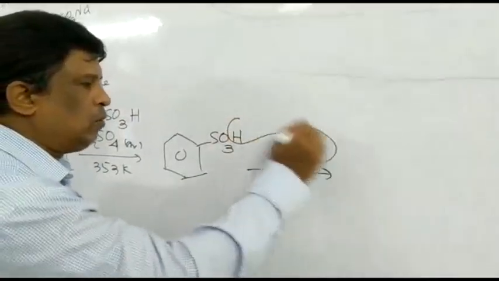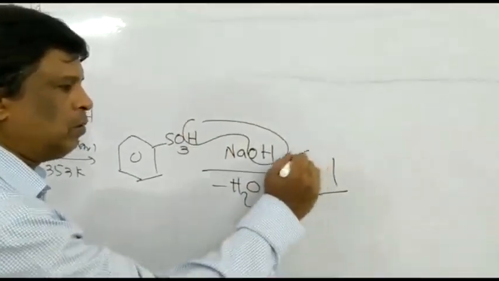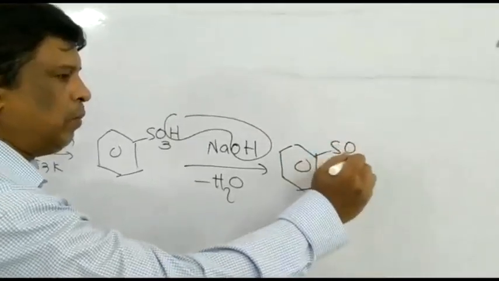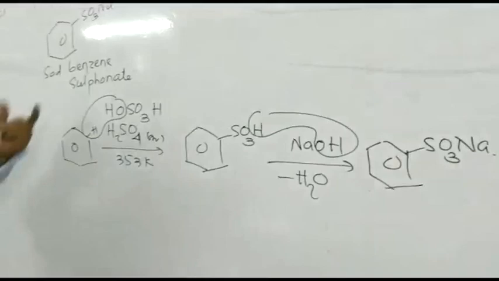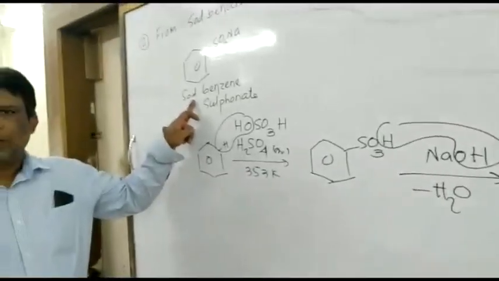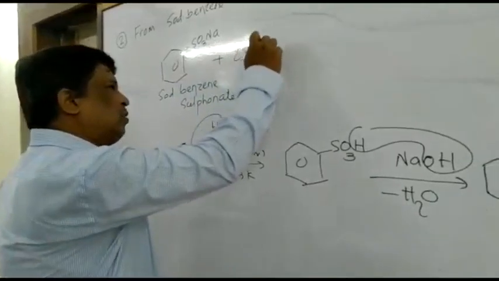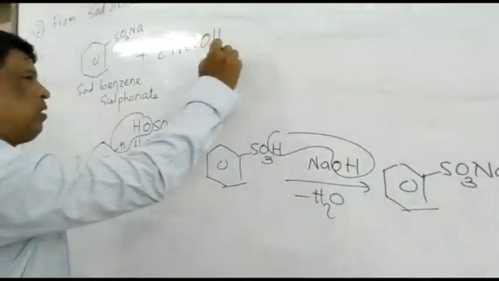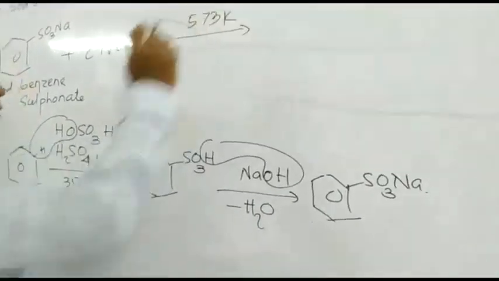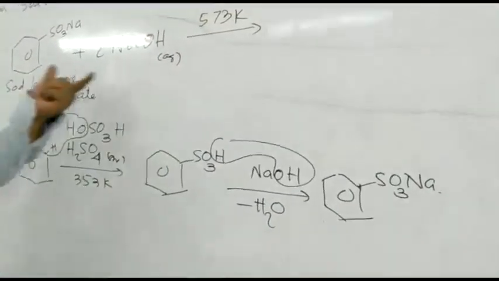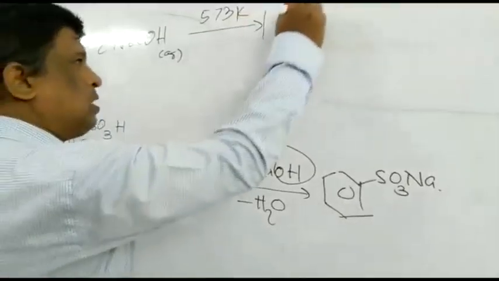Then the removal of water results in the formation of sodium benzene sulfonate. Now this sodium benzene sulfonate is fused with alkali, sodium hydroxide, at 573 Kelvin. When sodium benzene sulfonate is fused with alkali, sodium phenoxide is formed.